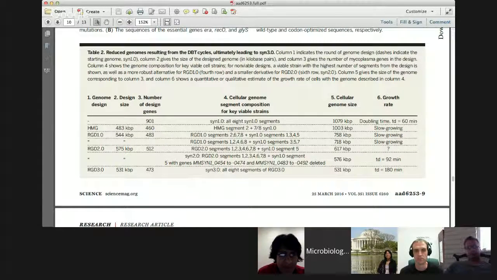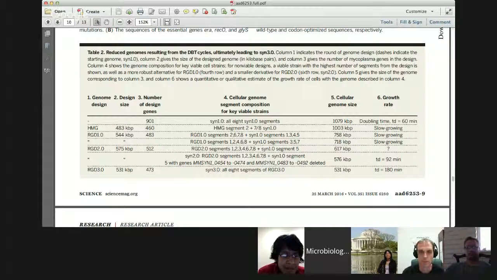I don't know if you guys can see the arrow as I move it around, but they're starting with the synthetic genome, the SYN1, and it shows you the genome size and some information on the growth rate. And then they talk through the different steps that they did to get to their final product, which is this one down here, SYN3, which has these 8 segments that they have tinkered with and copied and pasted and did all this Photoshop work with.